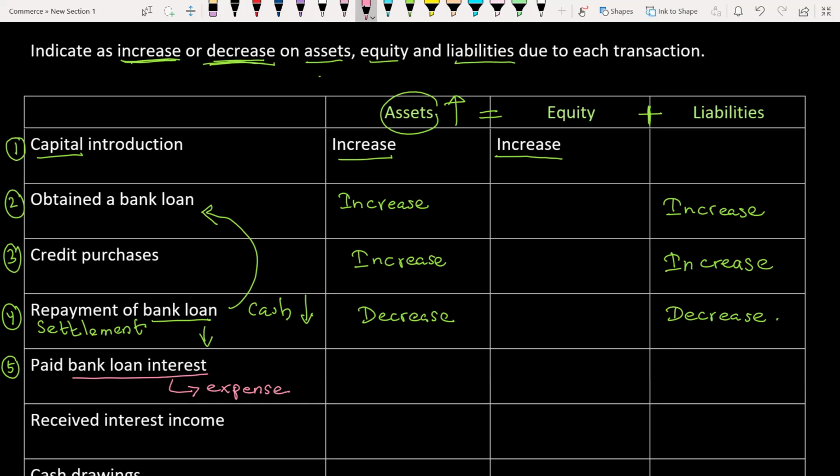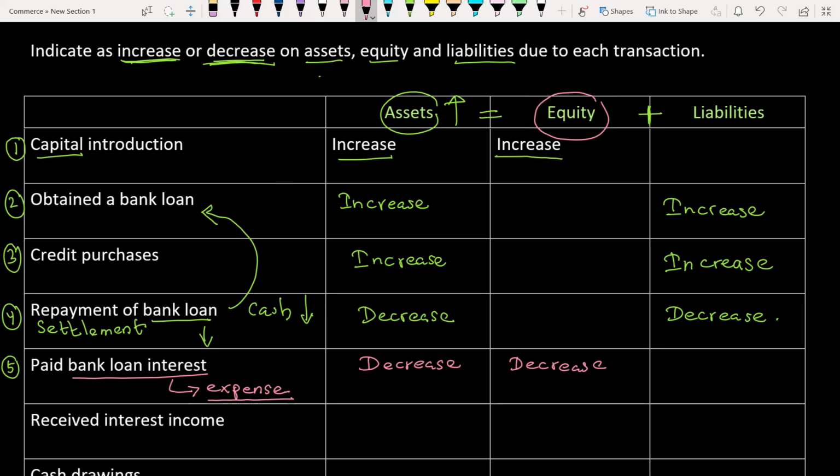This means assets decrease. And on the other hand, because of this expense, the equity of the business decreases. Because we know that expenses lead to decreased equity. Expenses decrease the value of assets that belongs to the owner of the business. So here we consider sole proprietorships.